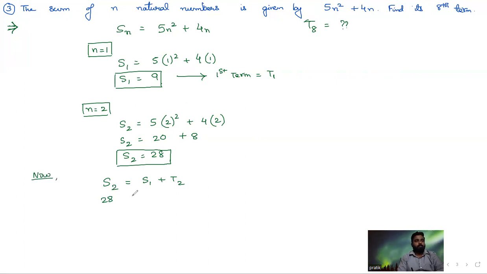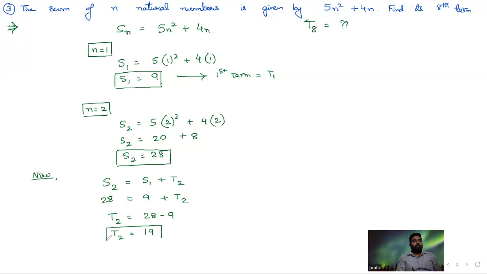So now what we're trying to do is finding out the second term. 9 plus T2. So when you find this out, T2 is 28 minus 9, correct? T2 is 19.